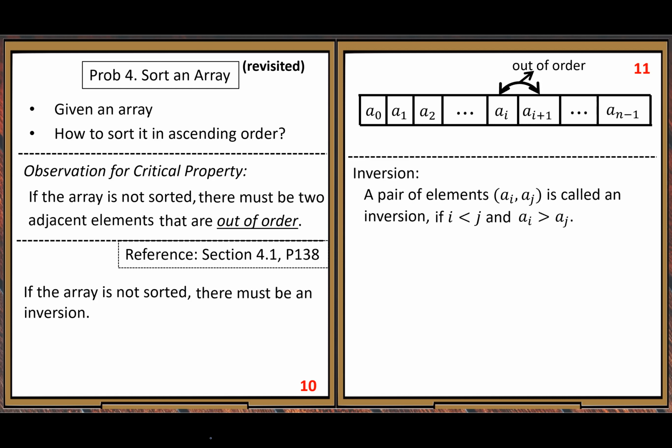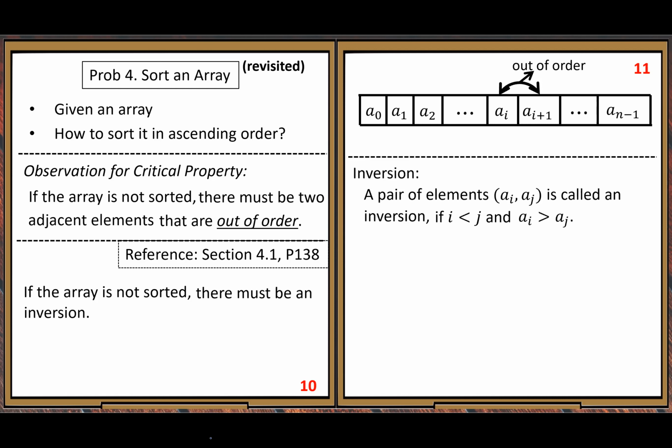Here it is different from our critical property, where we required two adjacent elements. Here we just say inversion, not necessarily between two adjacent elements. This inversion could happen between any two elements in the array.